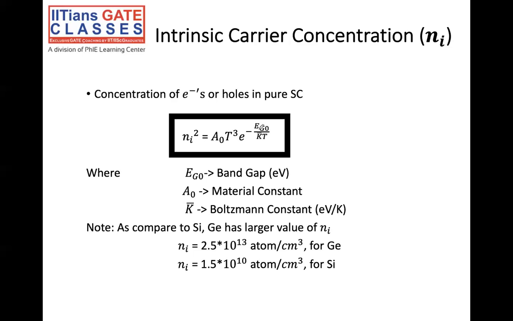So if Eg naught is in electron volt, then K or T should also be in electron volt. That is why I have written here K bar. It is not K. K bar means its value is in electron volt per Kelvin. So its value is around 8.56 into 10 to the power minus 5.